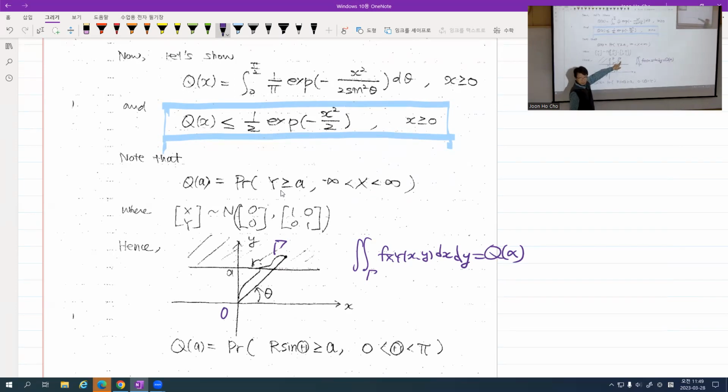Let's say this point. Now this point has a distance from the origin and an angle from the x-axis, right? And let's say that distance is r and this angle is theta. Then how can we describe this gamma?